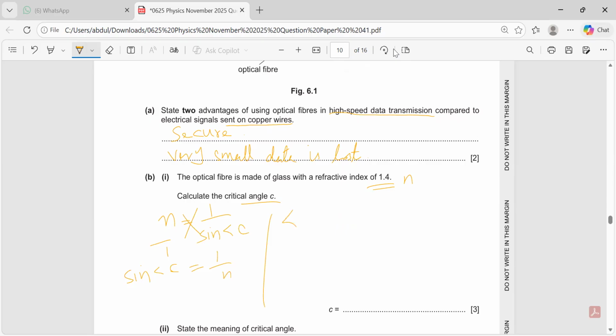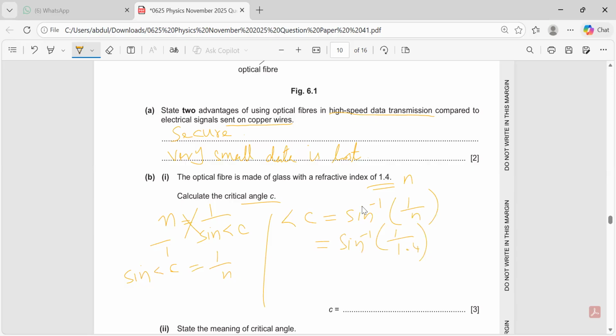Then, my dear friends, the critical angle will be equal to sine inverse of 1 over n. Then you can write sine inverse of 1 over 1.4.